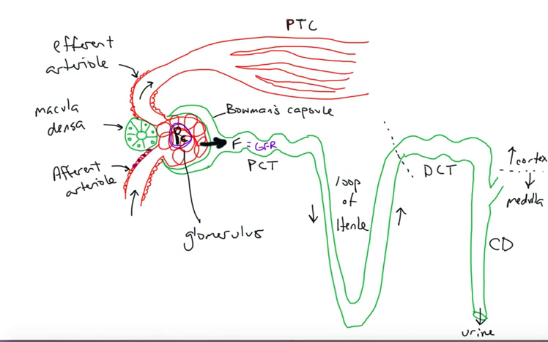These guys are called juxtaglomerular cells, often just shortened to JG cells. These are the cells that produce an enzyme called renin.